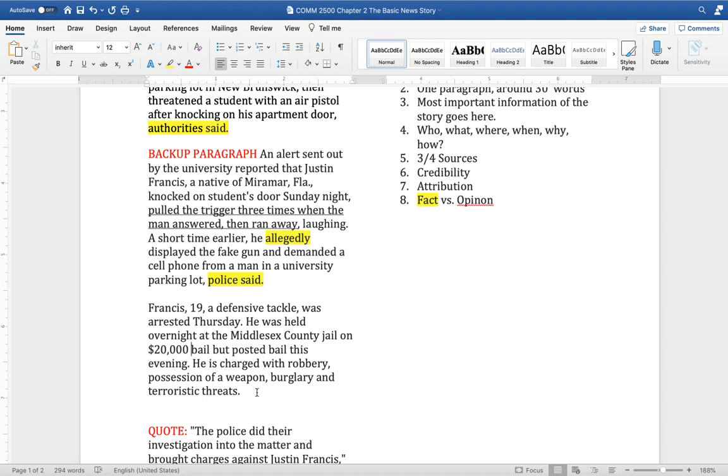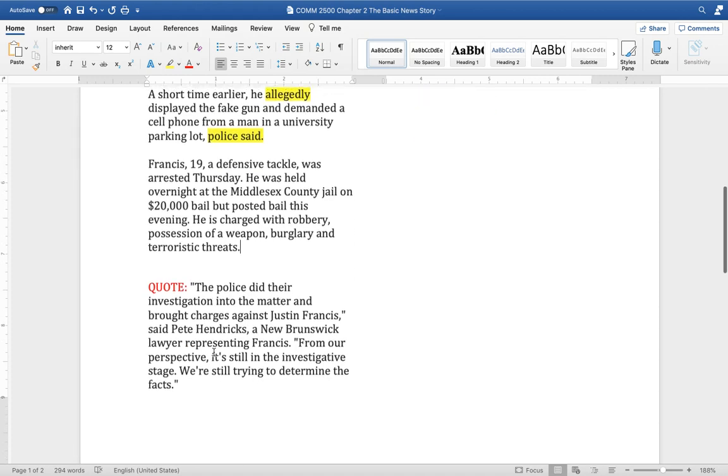So that's why there's no attribution here, because it's a matter of public record. Someone in public went before a judge and said, we're filing these charges. The judge said, set bail at $20,000. That's a fact. There are documents to support this. So you don't need to cite your source.